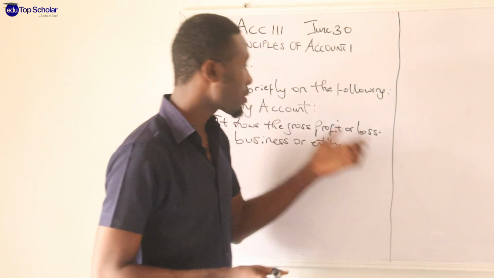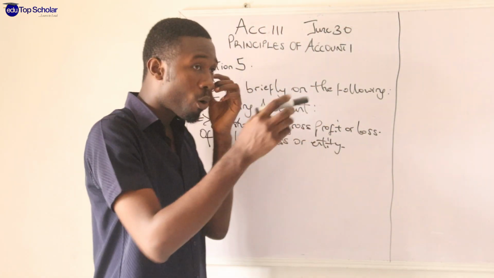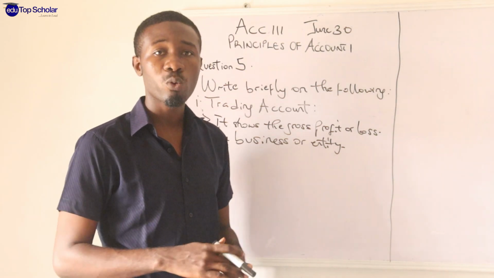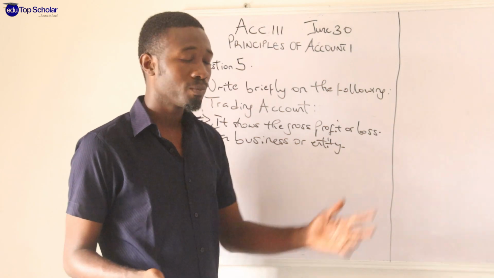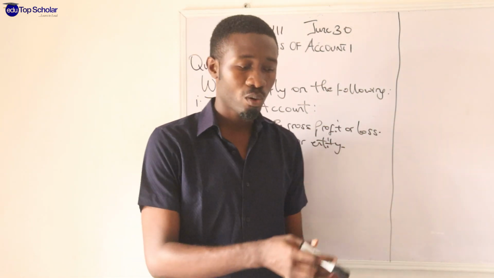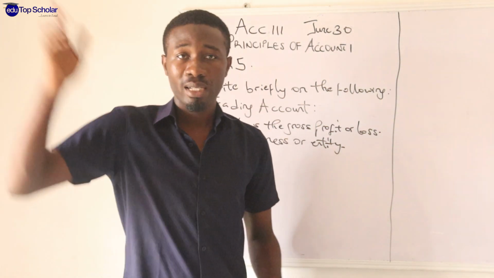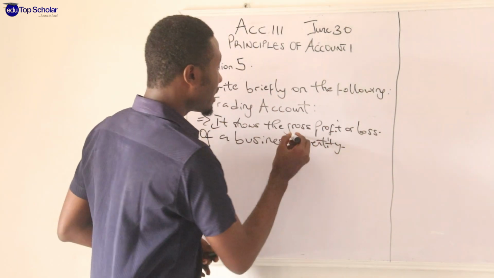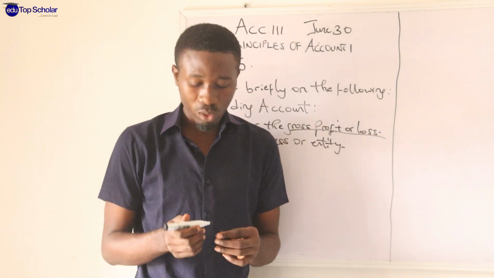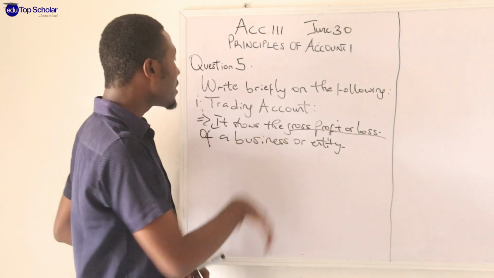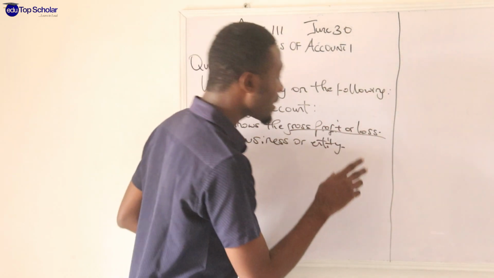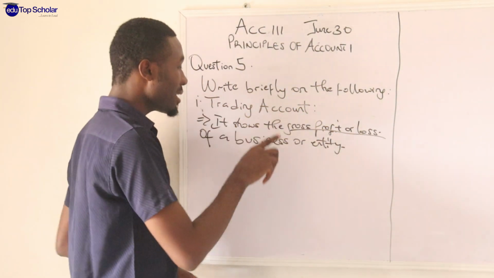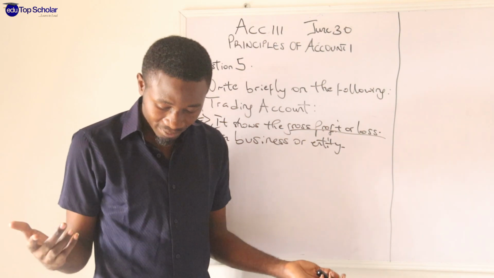Because what it shows, you have your opening stock, add purchases, add carriage inward, less returns outward, you have the cost of goods sold, then you less it from your sales. All of these things are to an eventual end of deriving your gross profit or your gross loss. So if you tell them simply that the trading account is a part of the financial statement that shows the gross profit or the gross loss of a business entity, that's all, you are fine.